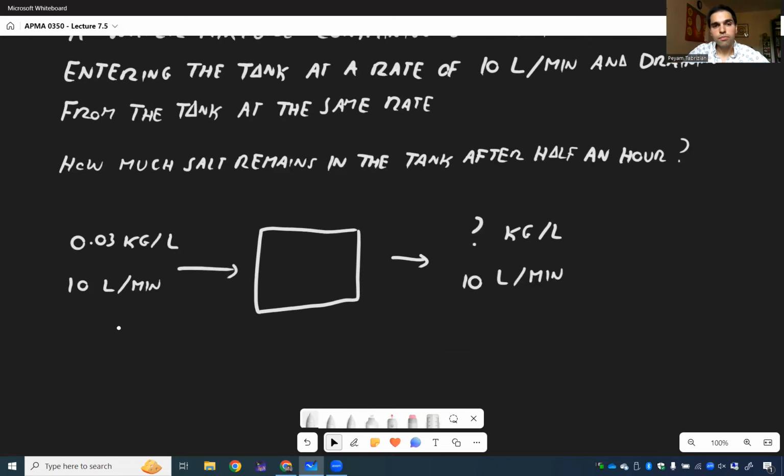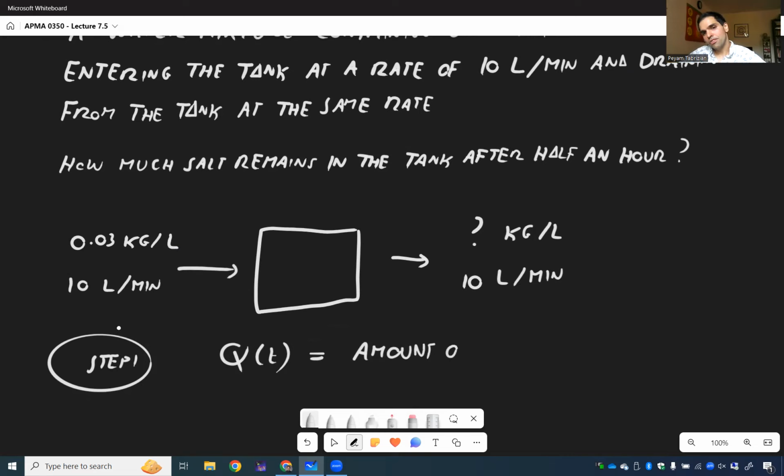Of course, the first step is to name our variables. So always name your variables when you have a word problem. So Q(t) is the quantity of salt after t minutes, and it's in kilograms.